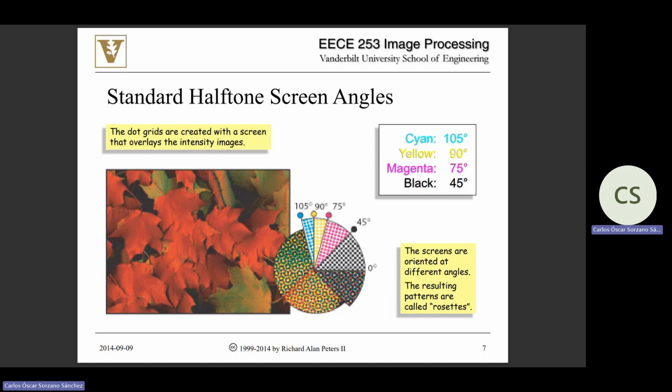And when you superpose all of them, you have this kind of patterns here that are called rosettes. Actually, if you pay attention to the big advertisements at the metro, and you get very close to the sign, you see this kind of patterns, and now they are not exactly that one. So it seems that the technology has changed, but still you see small points, and you recognize this idea of printing in some arrays.